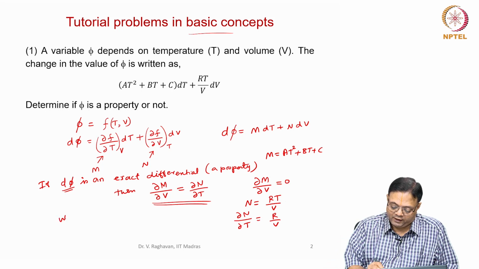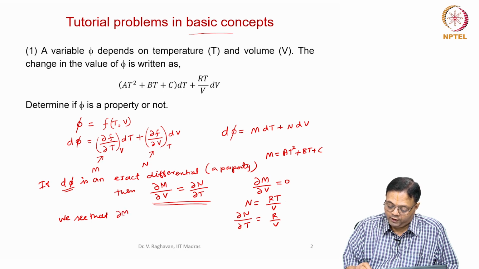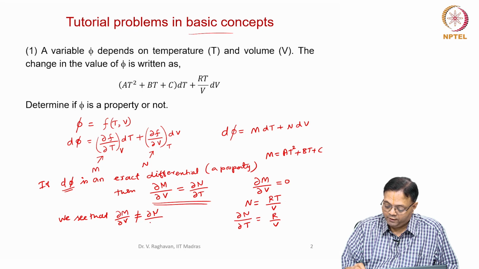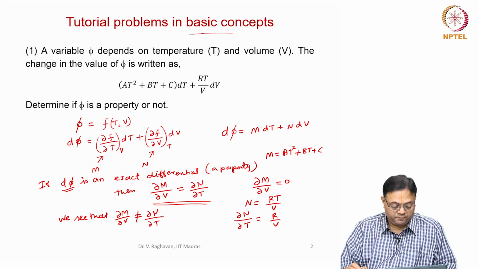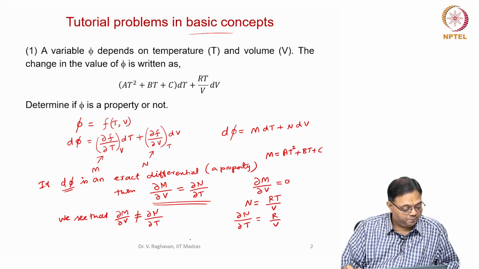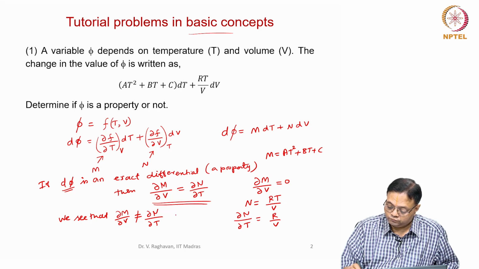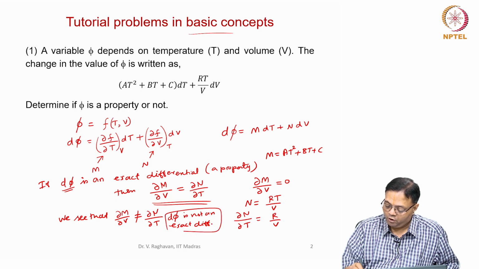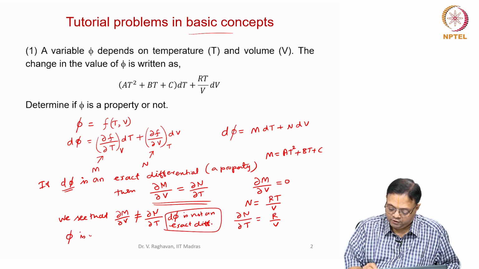So, now we see that dou M by dou V is not equal to dou N by dou T. So, this means d phi is not an exact differential, or phi is not a property.